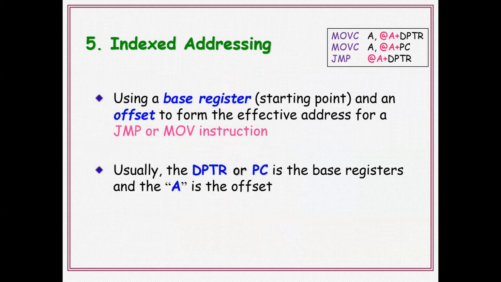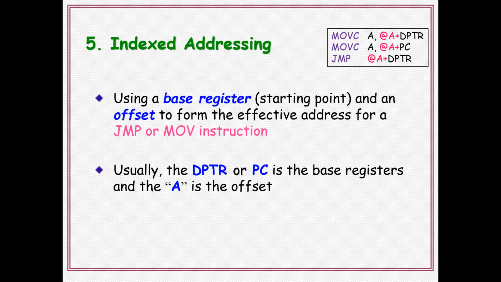The next addressing mode is indexed addressing mode. In this mode, a base register and an offset are used to form the effective address for a jump or move instruction.